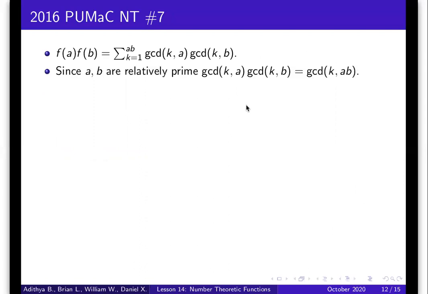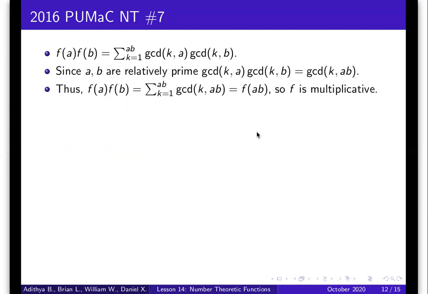But since a and b are relatively prime, GCD of k and a times the GCD of k and b is the GCD of k and ab. Yeah, so this is easy to verify since we know that a and b are relatively prime. So this means that f of a times f of b is equal to f of ab. So f is multiplicative.